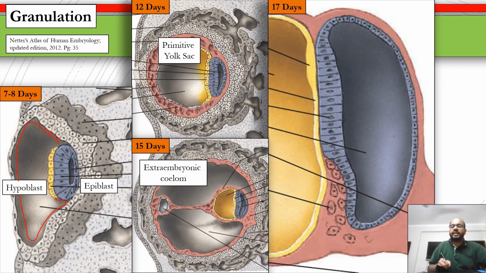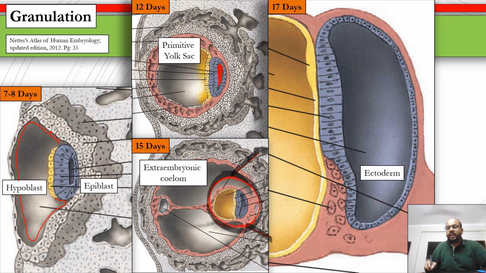At 17 days, we are now focusing on only this area. This I have enlarged. Clear? So what actually is happening? This layer which is surrounded by epiblast cells will also become larger. The cavity will become larger.